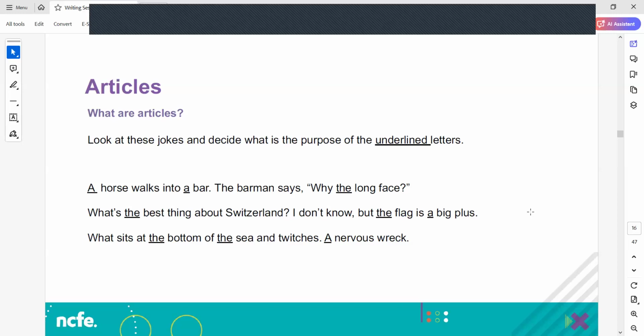I don't know, but the flag is a big plus. So the and a. So the final one, what sits at the bottom of the sea and twitches? A nervous wreck. Okay, so articles.